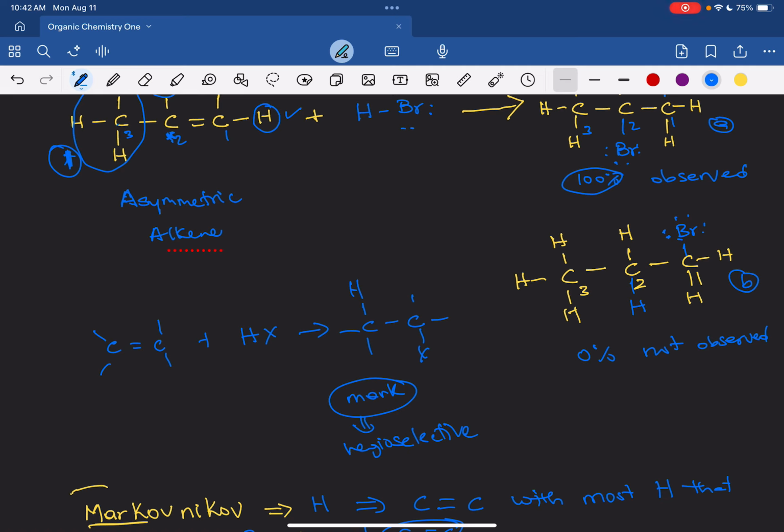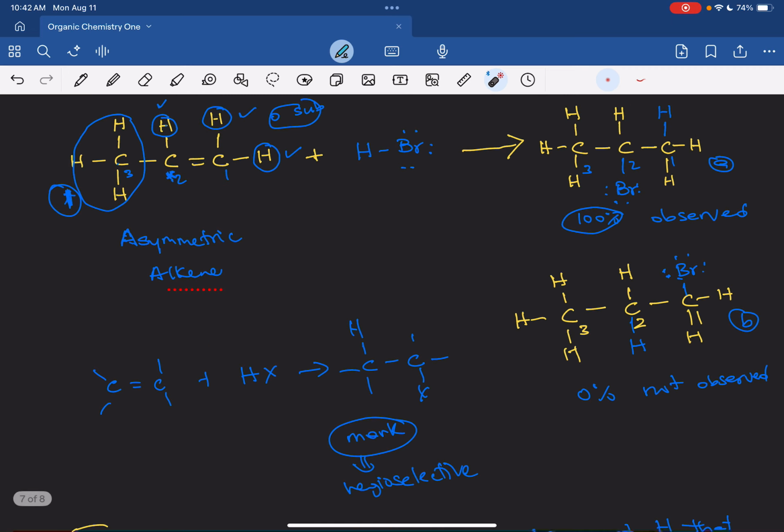All you need to do is be able to identify which carbon has the most hydrogens, right? So pick something. Either you're going to remember that the hydrogen adds to the carbon with the most hydrogens, or you're going to remember that the hydrogen adds to the least substituted carbon. I would remember that the hydrogen adds to the carbon with the most hydrogens, right?